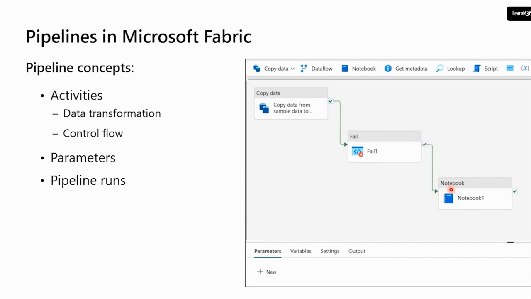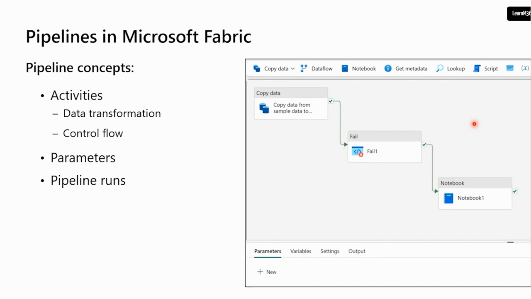Or you may also use it for orchestrating these activities through some control flow, which means branching or looping or any other typical processing logic. In Microsoft Fabric, we get a graphical pipeline canvas. This is a user interface which will help us build complex pipelines with very minimal or no coding required.